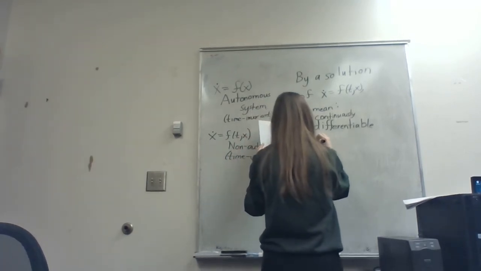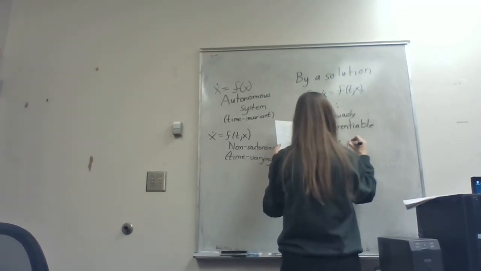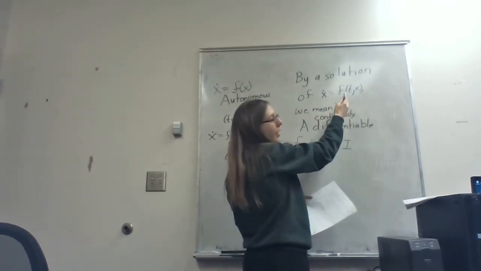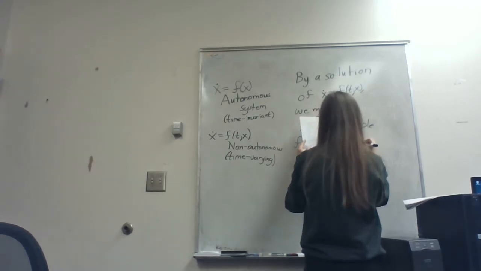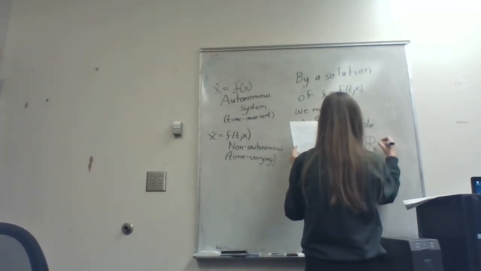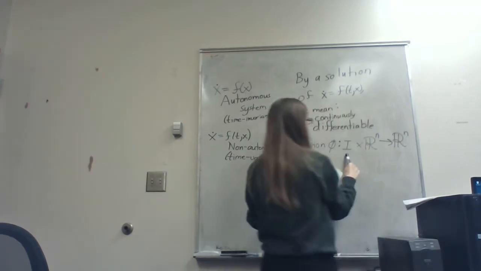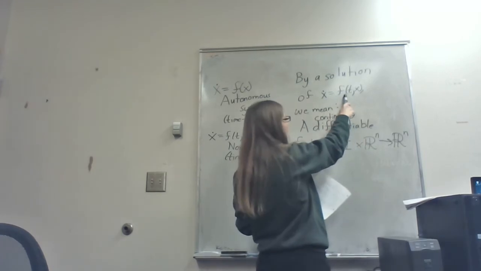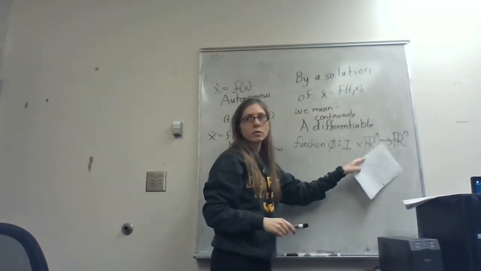Function phi that maps from some interval I, which is the interval that the time is allowed to take. There's an interval I the time can take, the x arguments can take some values, but this function overall, that's the solution here, is going to be vector valued.